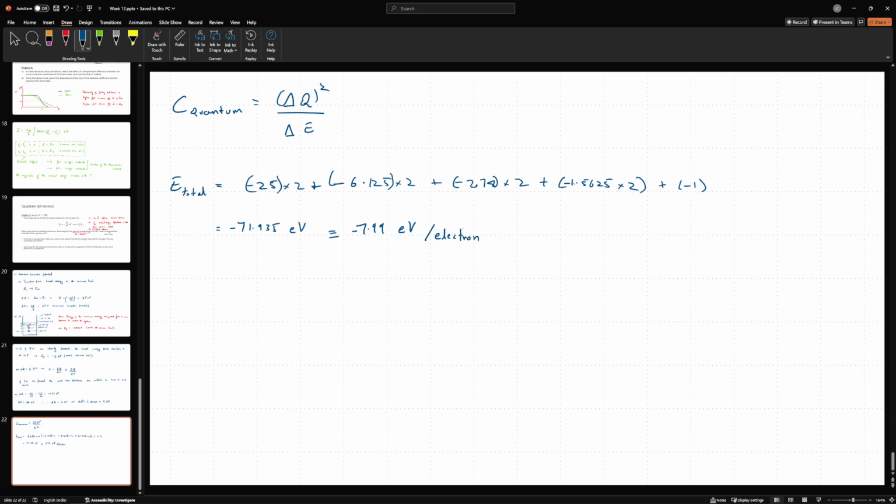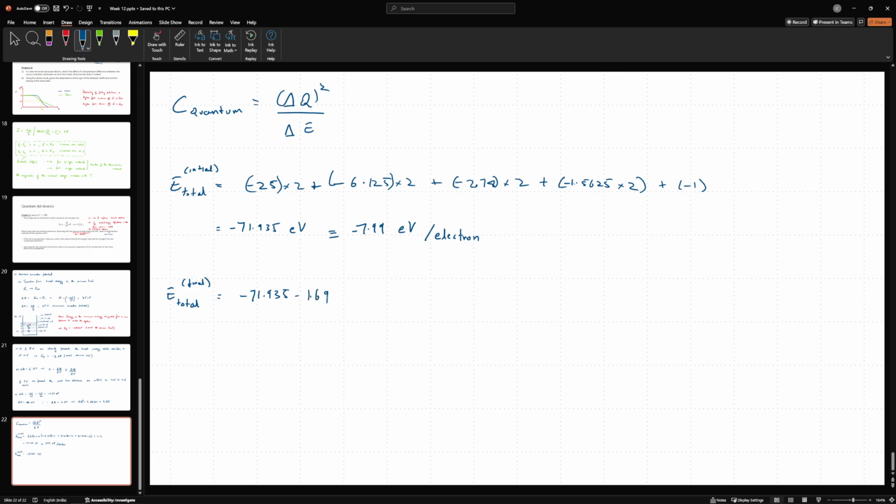Now, when I added 2 more electrons, this energy increased. So E total initial, and now E total final comes out to be minus 71.935 minus 1.69.